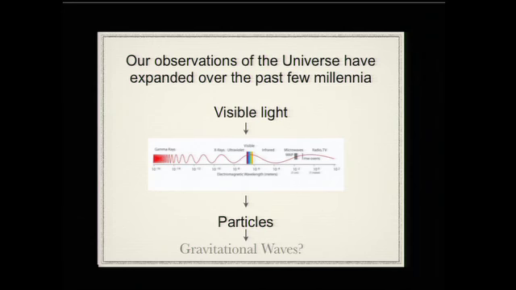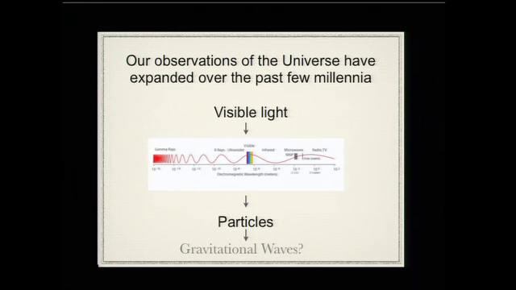One of the challenges that we have today is that all of our observations of the universe over the past several millennia started with naked eye viewing of the night sky and documenting what we were learning by watching patterns as things changed, understanding how they moved, and interpreting what they meant. That was all coming from visible light. Our very first telescopes looking out at the universe were again from visible light.